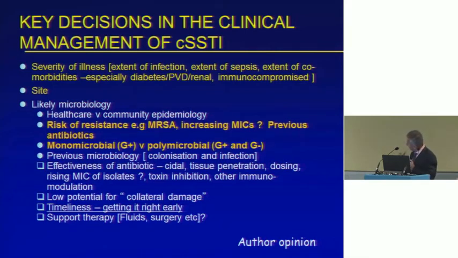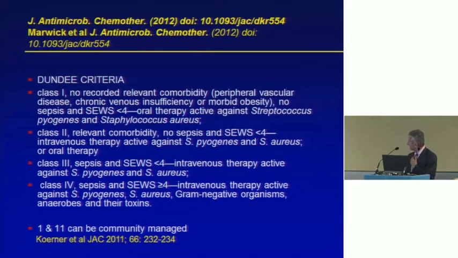Other helpful questions: were they colonized with MRSA or a resistant pathogen before? Do I have some prior microbiology data that might allow me to predict the likelihood of the bug being a resistant pathogen? Is the antibiotic I am using going to penetrate into tissue? Is it going to kill the bug more effectively, i.e. is it cidal? Is there an associated bacteremia, and so on? I think these articulate what one must consider when making that difficult choice.